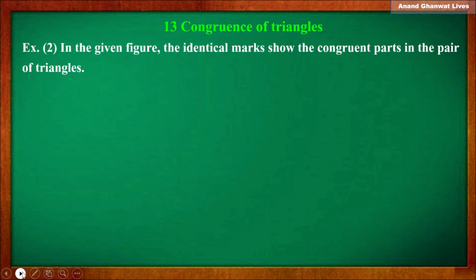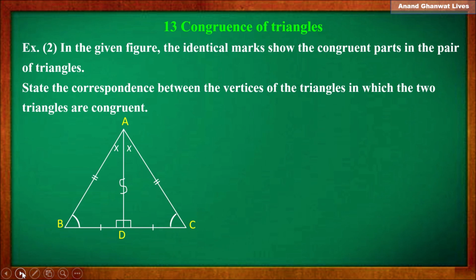Now the next question is given here. In the given diagram, the identical marks show the congruent parts in the pair of triangles. State the correspondence between the vertices of triangles in which the two triangles are congruent. Now we have to state the correspondence between vertices. Angle A is one-to-one correspondence with angle A. So write down A there.